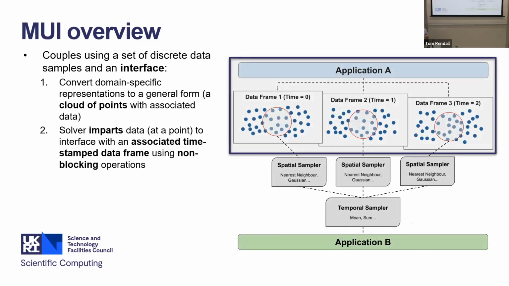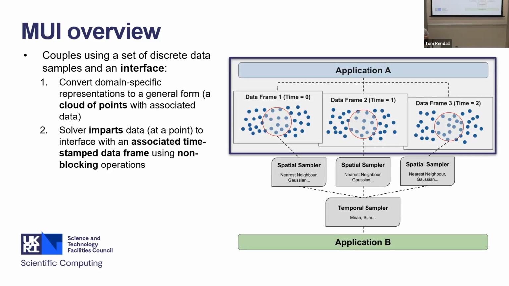So if we take an example where we have two solvers, this might be an example of a one-way coupling. Solver A, application A in this diagram, imparts data at a point. The point might be anywhere sensible within its own domain-specific representation. It might be at a face center if it's mesh-based. It might be at a node location if it's a finite element, and so on and so forth.